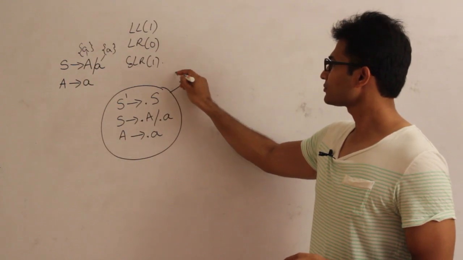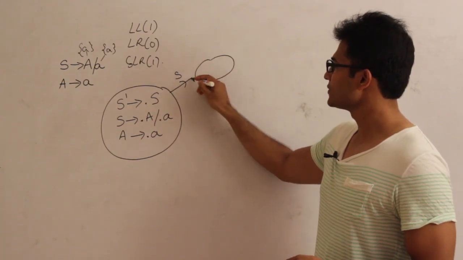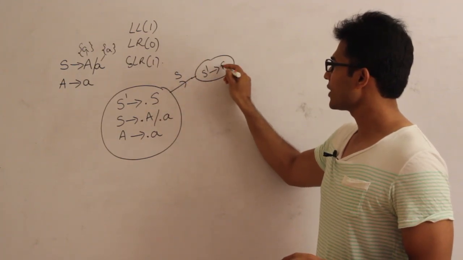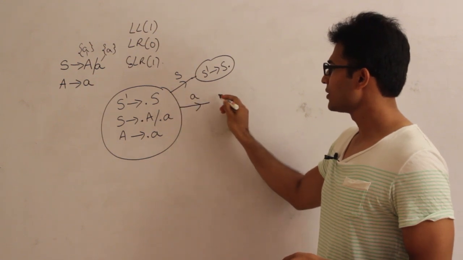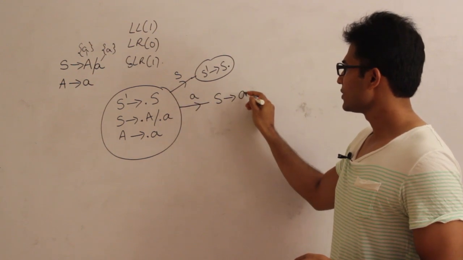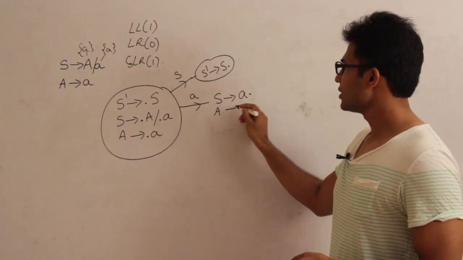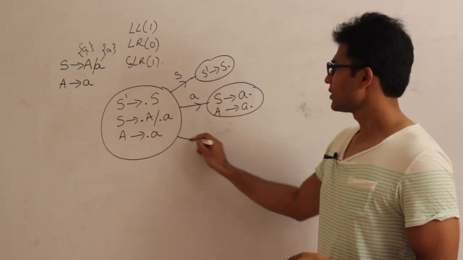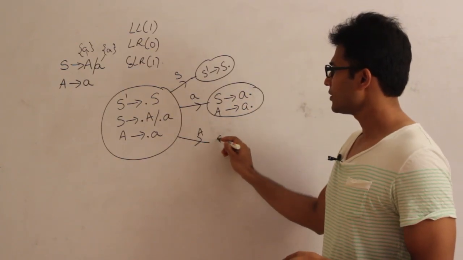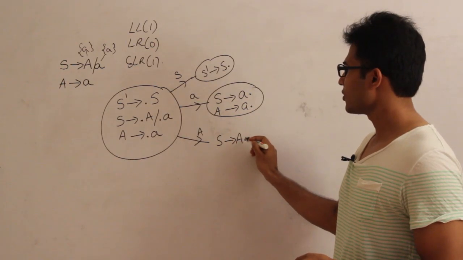On capital S, the transition is S' derives S dot, and on small a, S derives a dot, A derives a dot, and on capital A, S derives A dot.